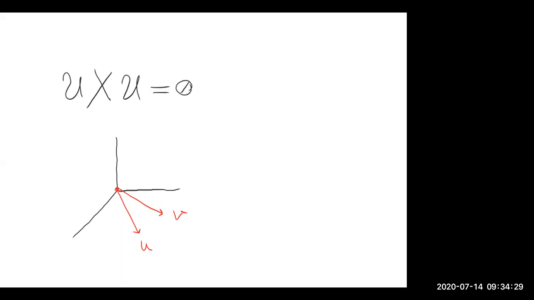So if these 2 vectors are given, look at this direction. This is a direction which is orthogonal to both u and v. It makes a right angle with both u and v. I'm not sure if this drawing is clear enough, but when you have 2 vectors inside the three-dimensional space, this direction is orthogonal to both of them. But there is another direction. This direction is also orthogonal to both of them.